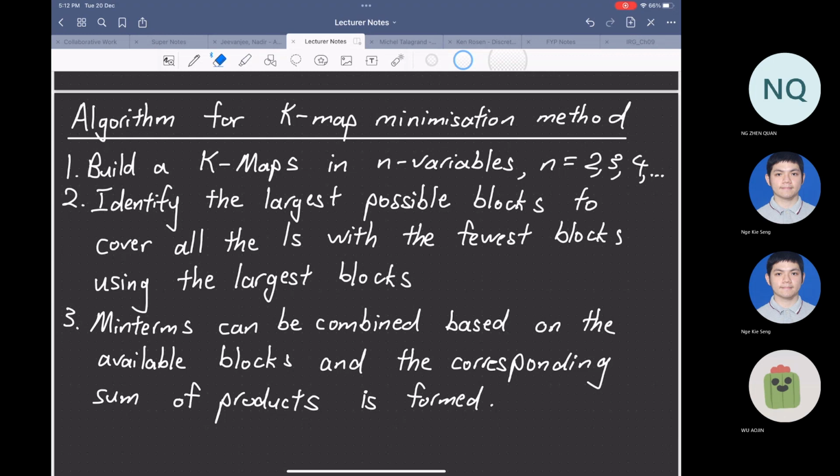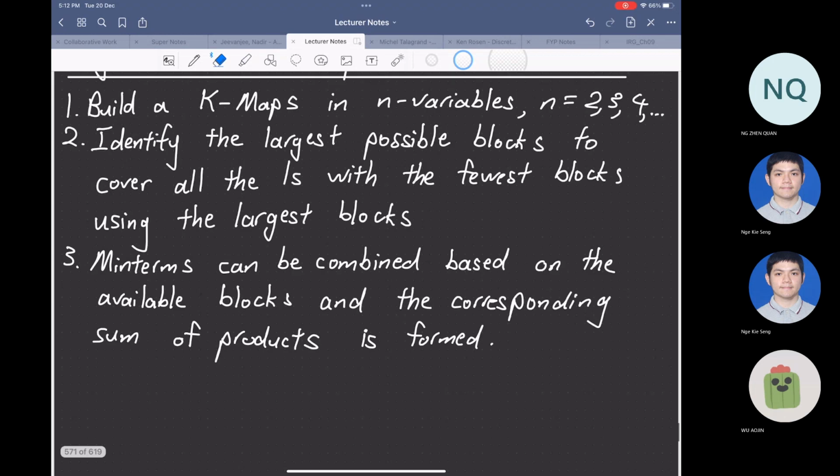Second step, and this is the key, identify the largest possible blocks to cover all the ones with the fewest blocks, using the largest blocks. Your goal is to create blocks to cover all the ones. Then the min terms can be combined based on the available blocks, giving the corresponding sum of products. You can try to imagine it first, and later I will show you.